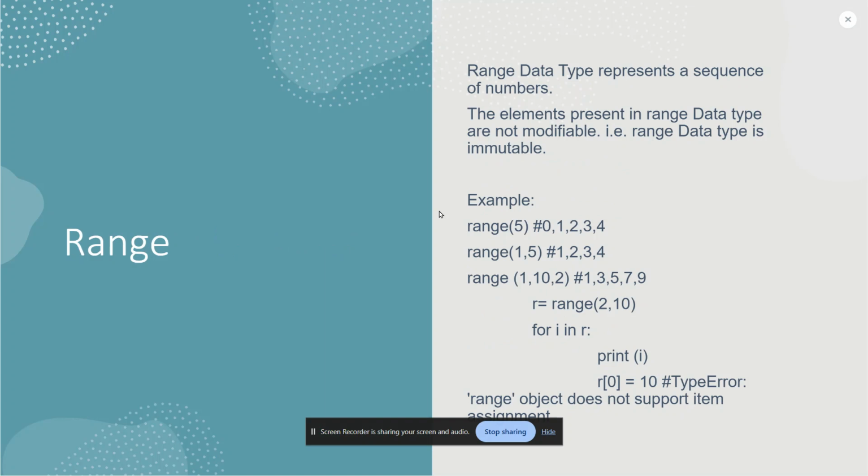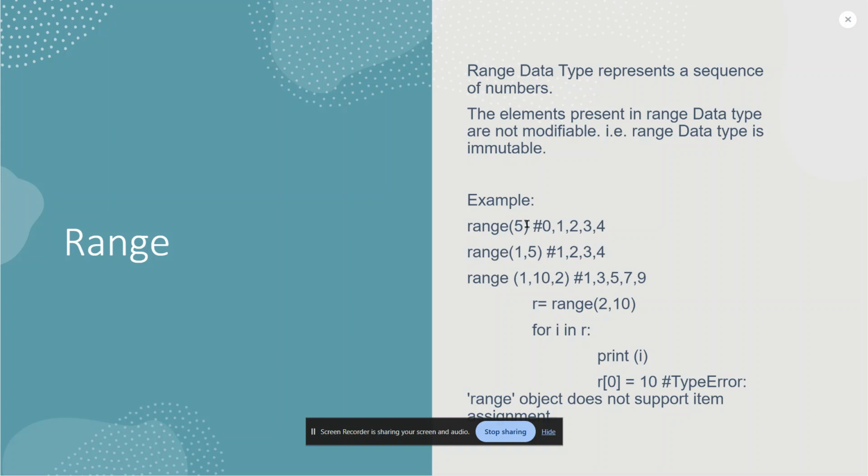Your generation of numbers ends just before that, one less than that. For example, range of 5 will give me 0 1 2 3 4. By default it starts with 0, and by default it doesn't consider the last value, the n value. So for range of n, n is not generated.